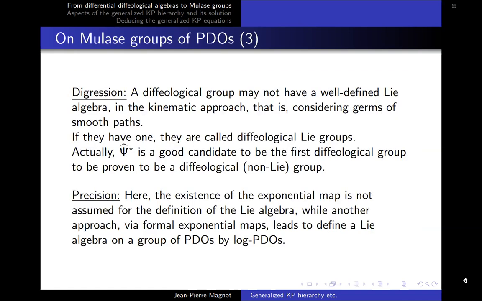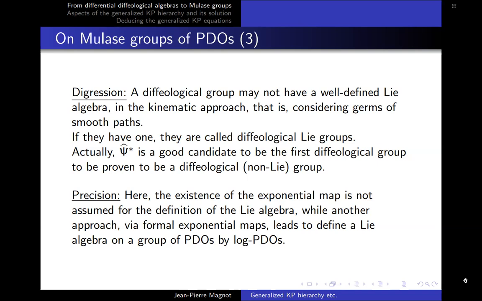So now let me give you more details about this problem on Lie algebras. When I said that a diffeological group is a group for which multiplication and inverse are smooth, it is always possible to define a tangent space, which is defined kinematically. You take smooth paths and you take germs.